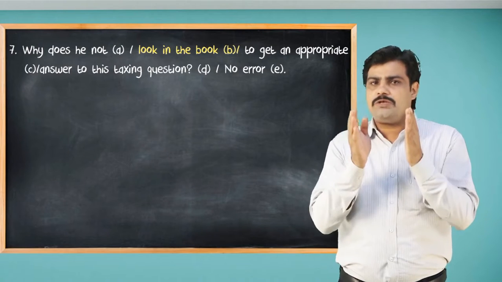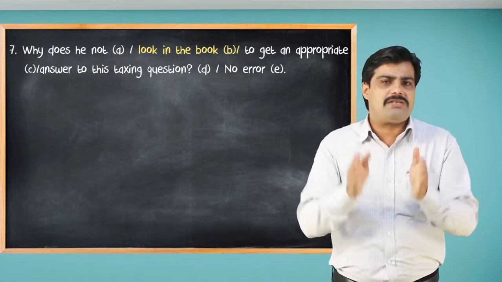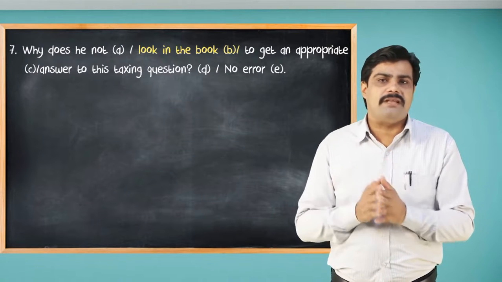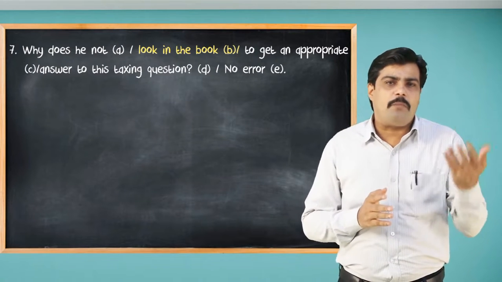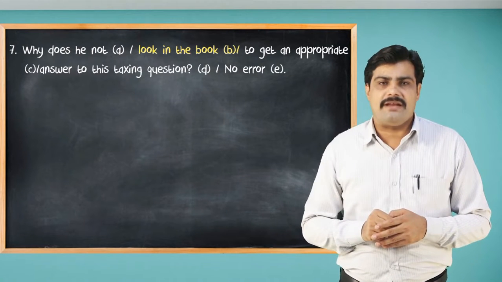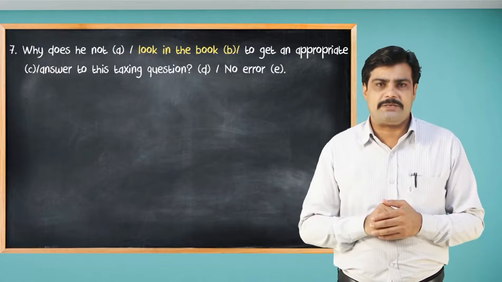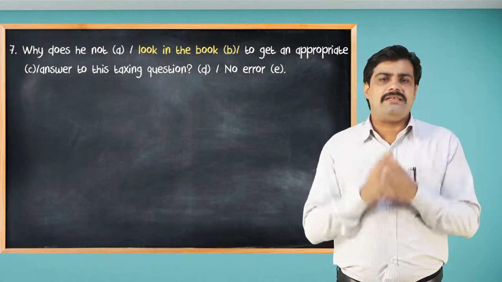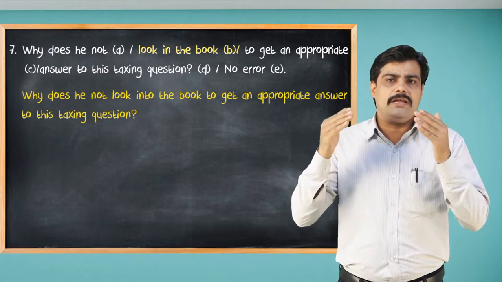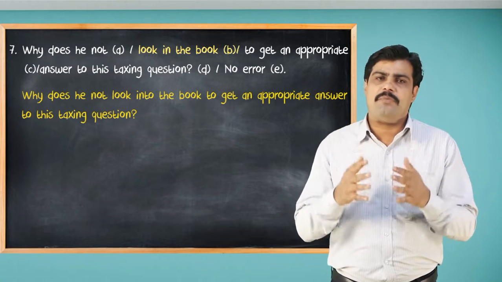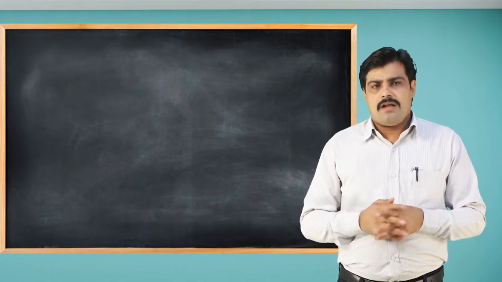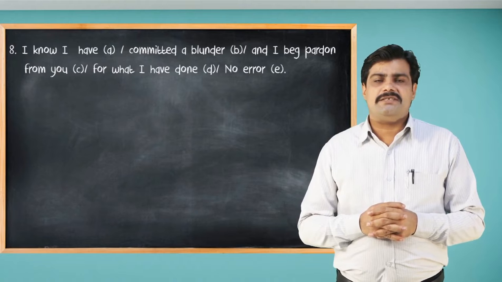While "look into" means to investigate, to inquire about the facts of something, such as a problem, etc. So use "into" in place of "in". "Look into" is the correct expression here. Now the correct sentence would be, why does he not look into the book to get an appropriate answer to this taxing question?